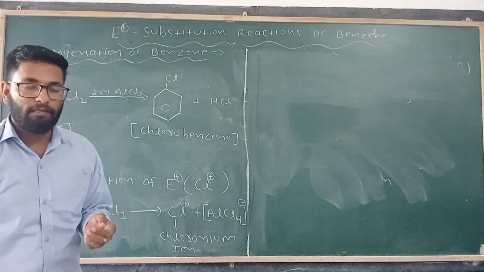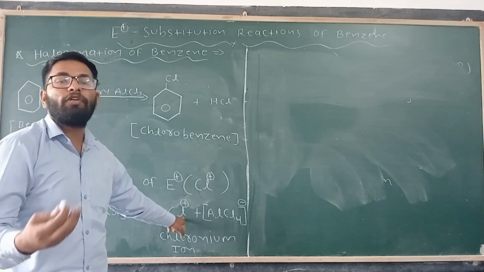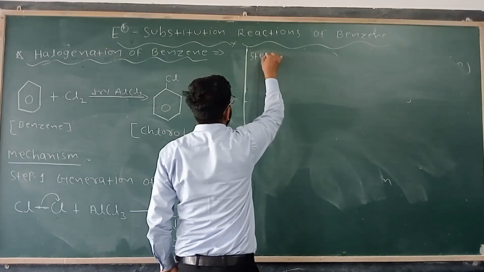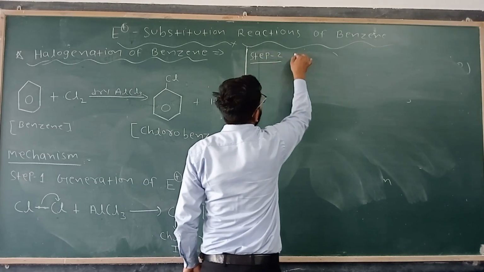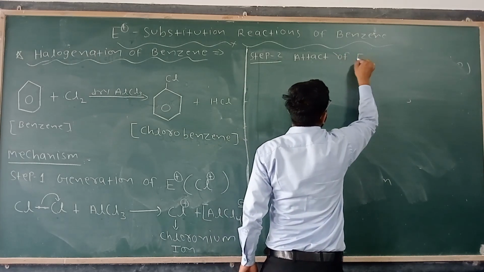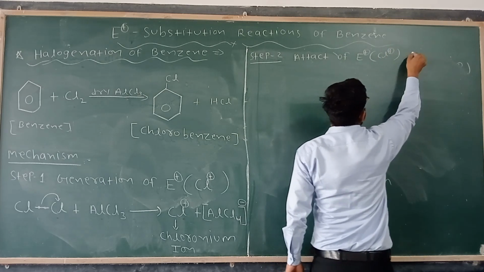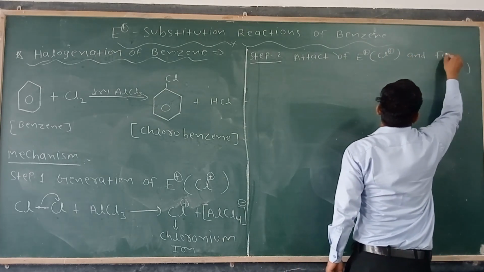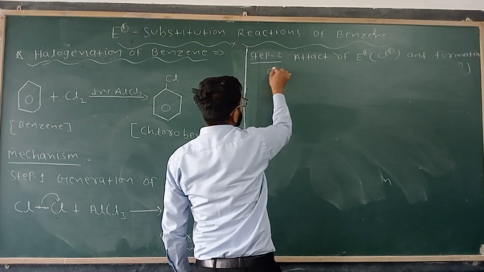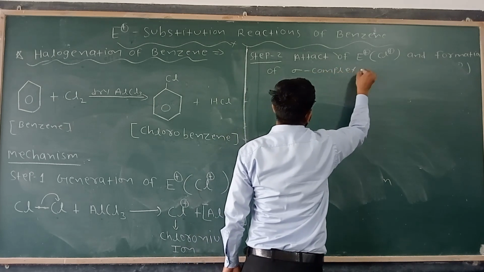Now step second, attack of the electrophile. In case of chlorination, attack of the chloronium ion Cl plus on benzene and formation of sigma complex.